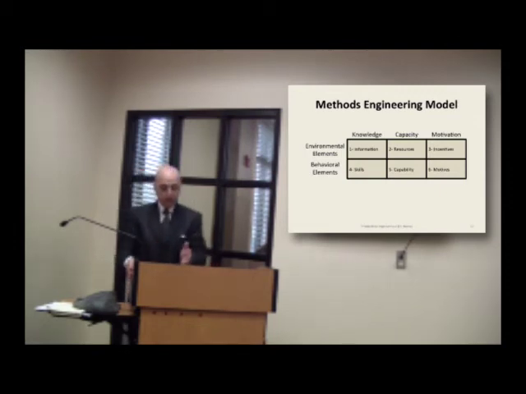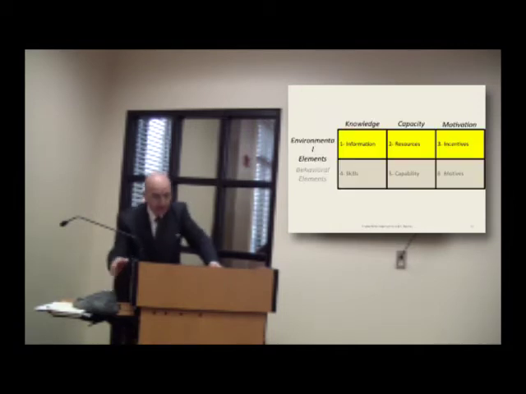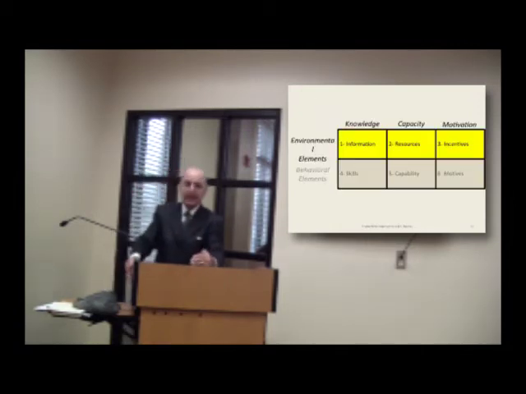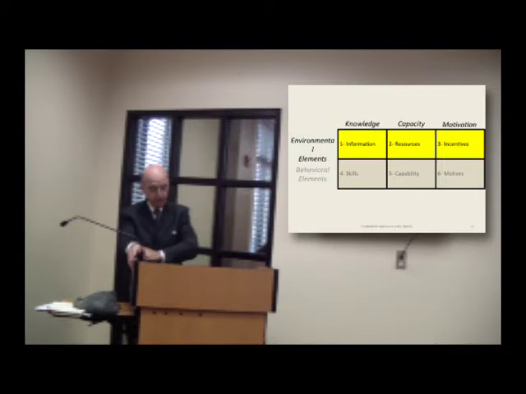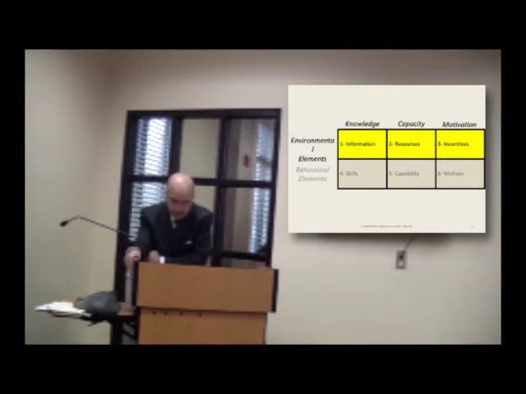For both of them, we have the knowledge, the capacity, and the motivation. If we look at it bigger than that, we have the environmental element in yellow, and we have the knowledge, capacity, motivation.